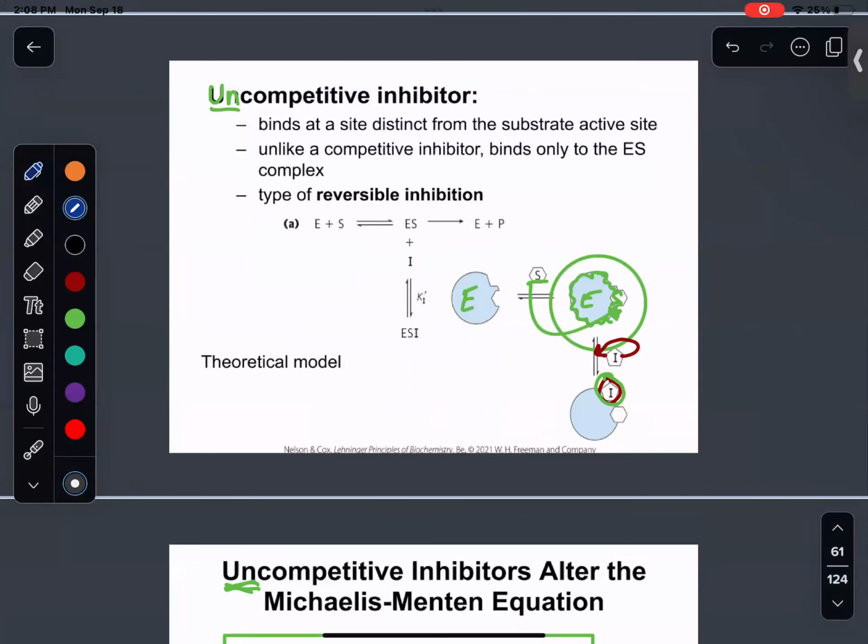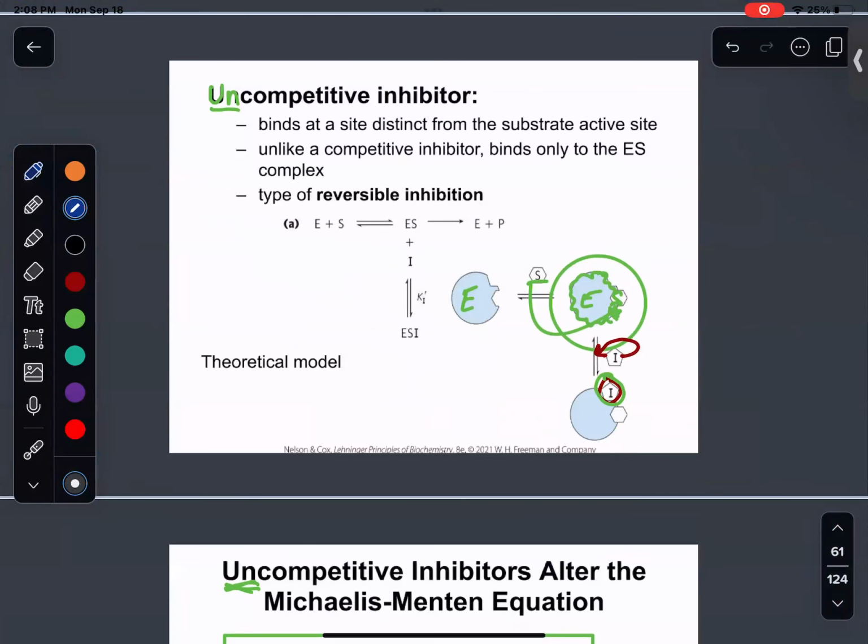So one thing about mixed inhibition is it's kind of cool because it'll also include the next type of inhibition, which is non-competitive. We did competitive, we did uncompetitive, now we have mixed. And under that little umbrella of mixed, we'll talk about that next.